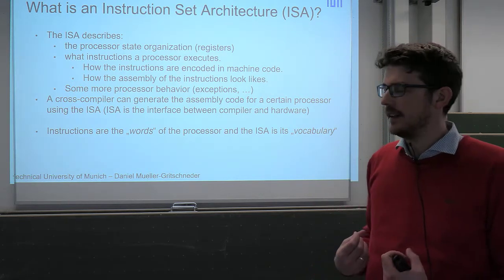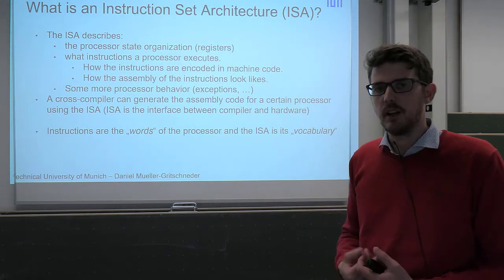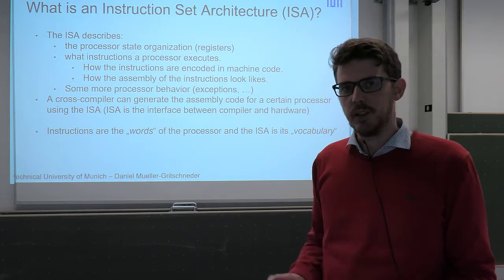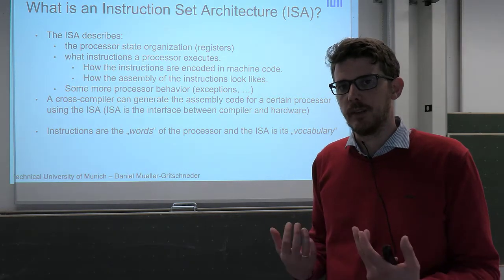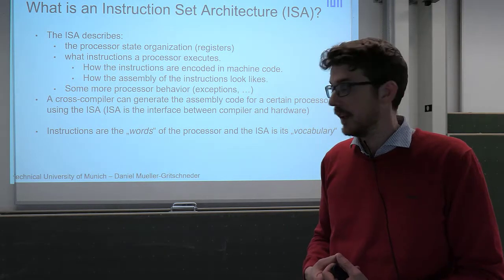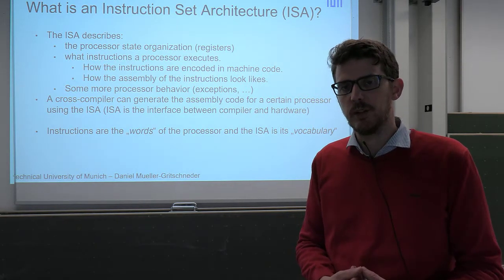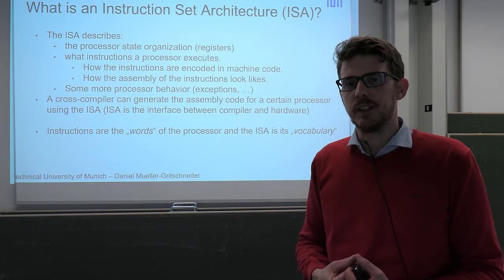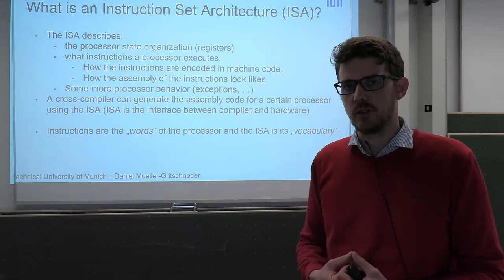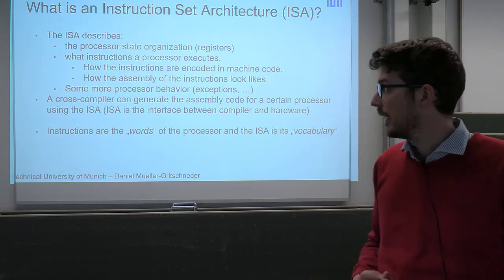Then the next thing, of course, which is a very important part, is what instructions the processor understands and executes. And this would be, first of all, how they are encoded in machine code, and then also how the assembly code of these instructions looks like and what their behavior is.